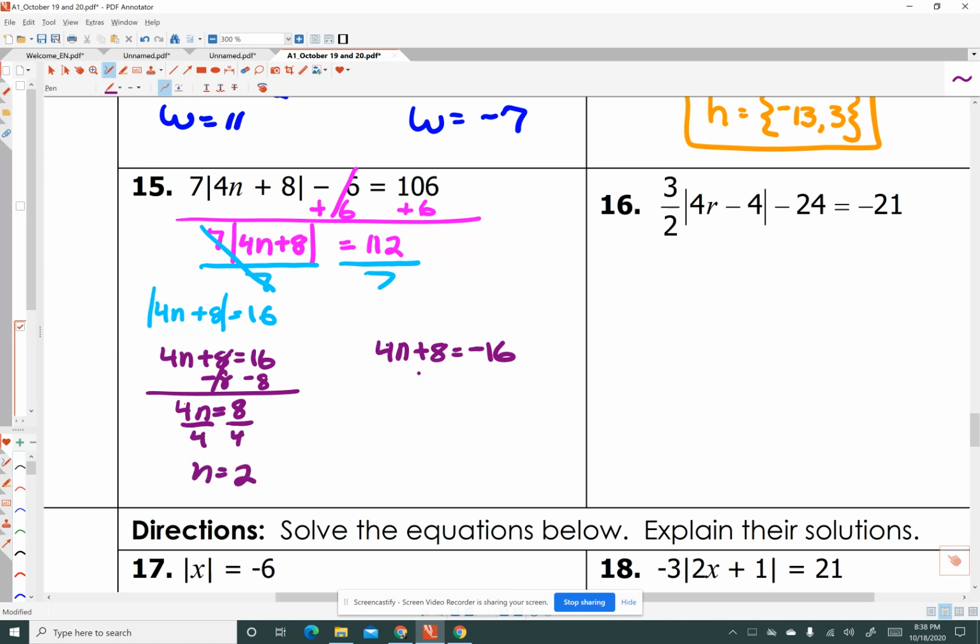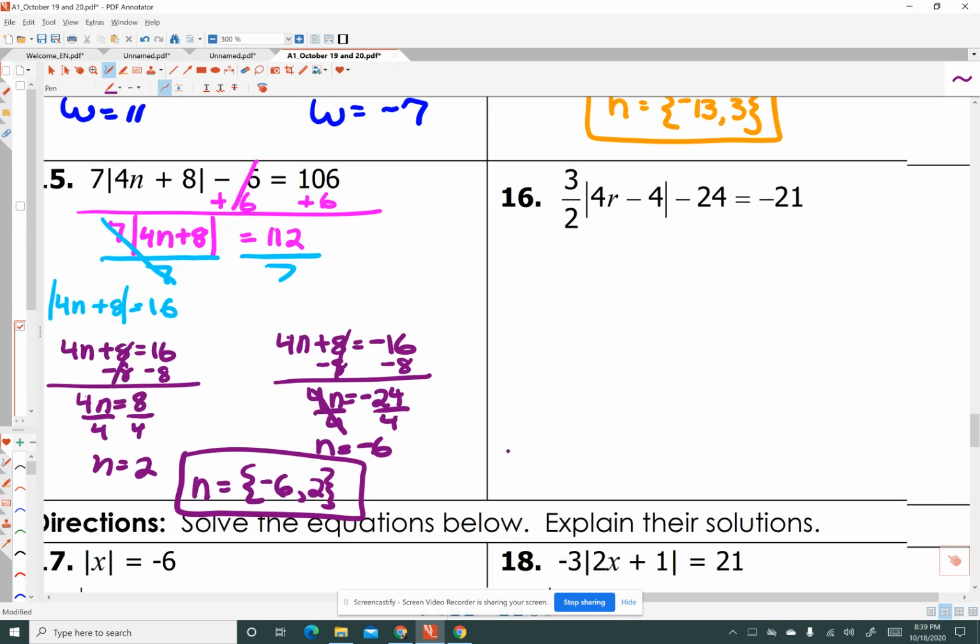Much easier problem. Subtract 8 from both sides. 4n equals negative 24. Divide both sides by 4. N equals negative 6. And that means that n equals the set that includes negative 6 and 2.